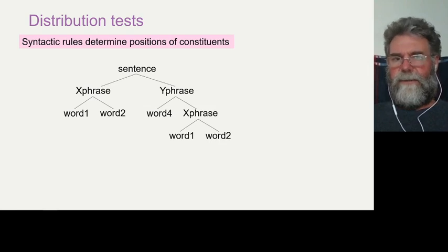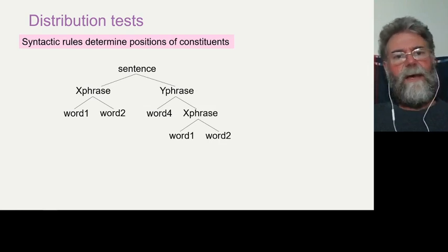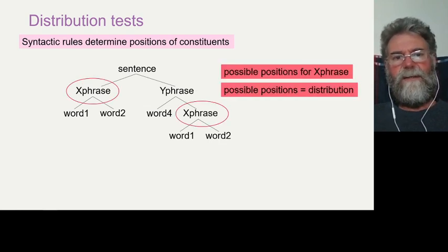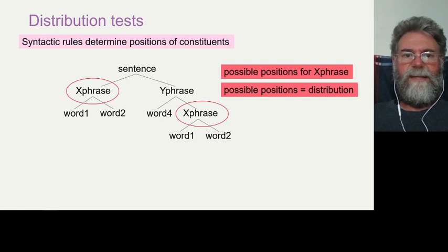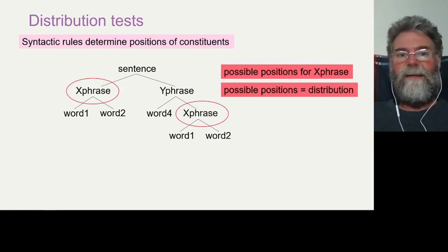Okay, but note, we now see that inside this sentence there are a number of places where we can find an X phrase. We can find it directly underneath the sentence, and we can also find it inside a Y phrase. These are the possible positions that we can find this kind of phrase.